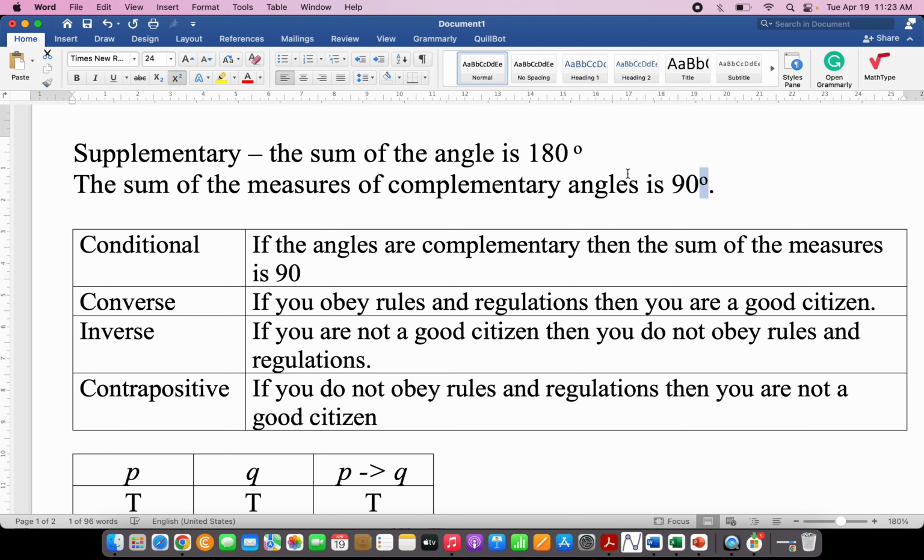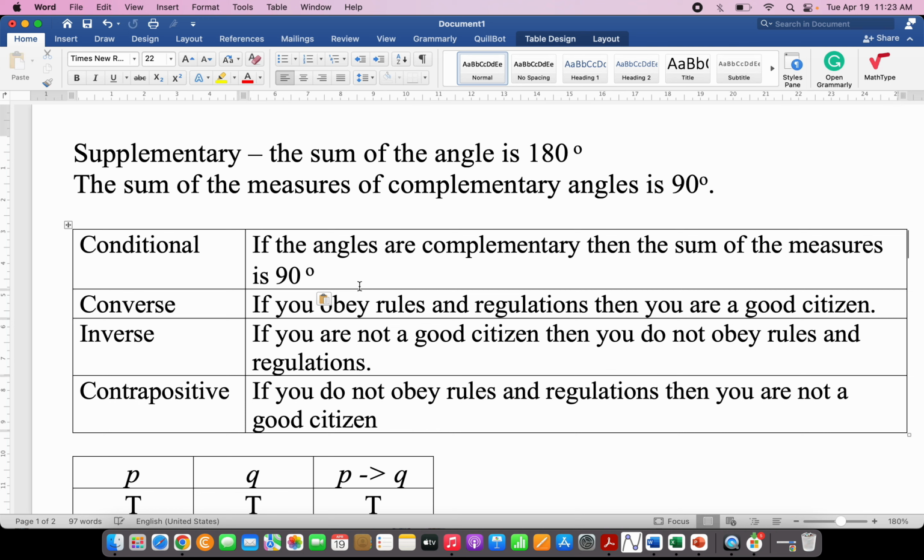That's it. Naiintindihan nyo, class? Okay? So, if the angles are complementary, then the sum of the measures is 90 degrees.